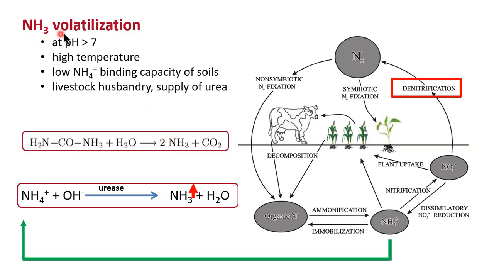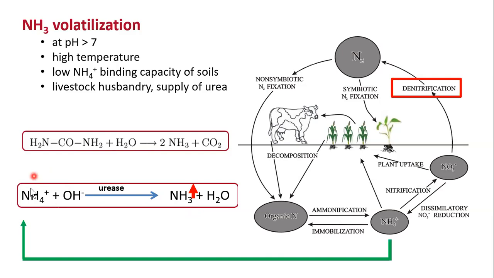So that is volatilization. You can see here, if you are adding through urea or through urine, the ammonium is converted through urease into the ammonia gas.